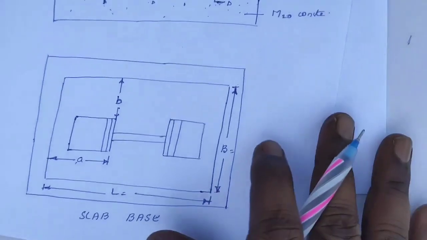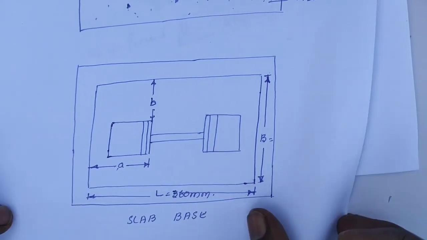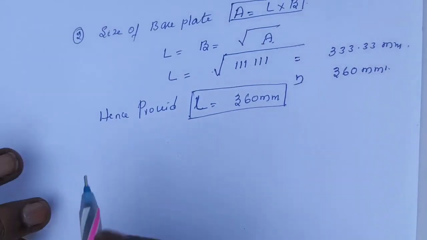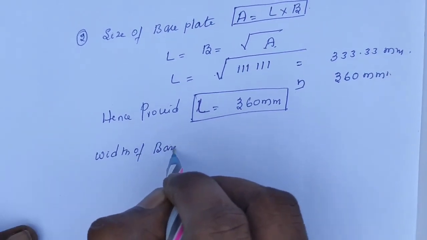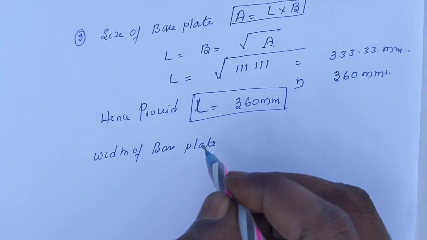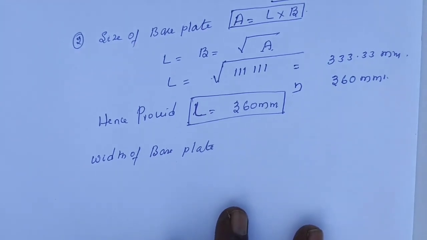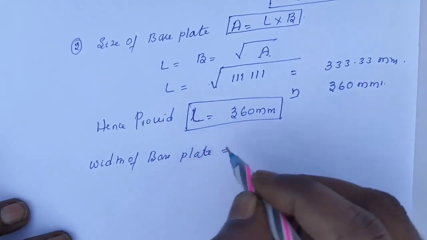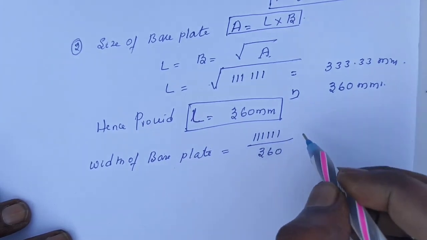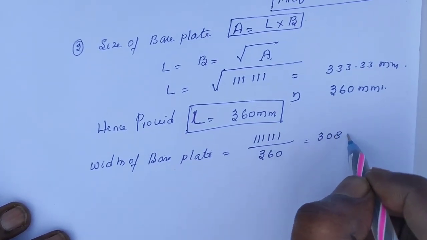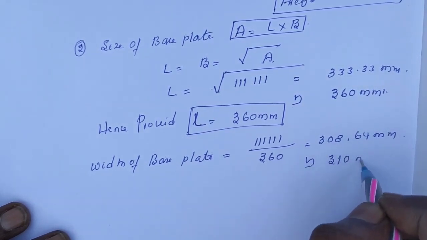Mark L is equal to 360 mm and calculate B. Width of the base plate is equal to area by L, that is 111111 by 360, which gives 308.64 mm. Say 310 mm.